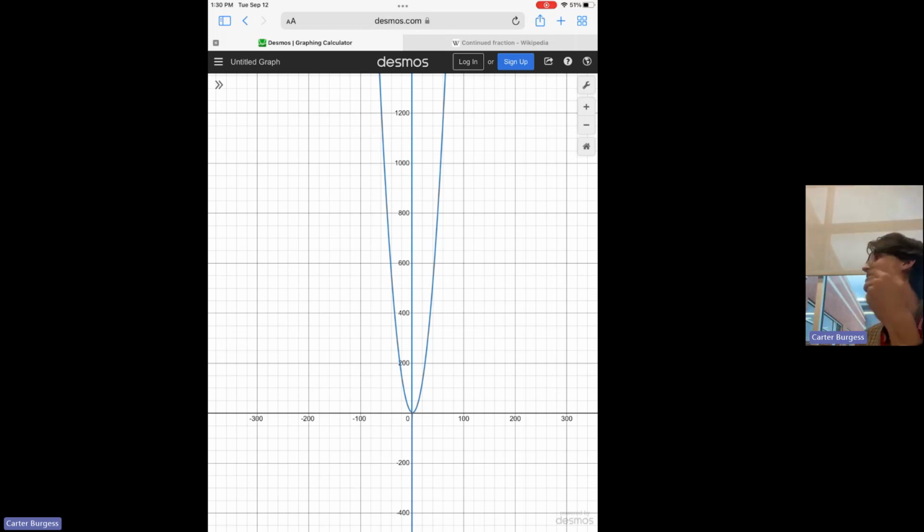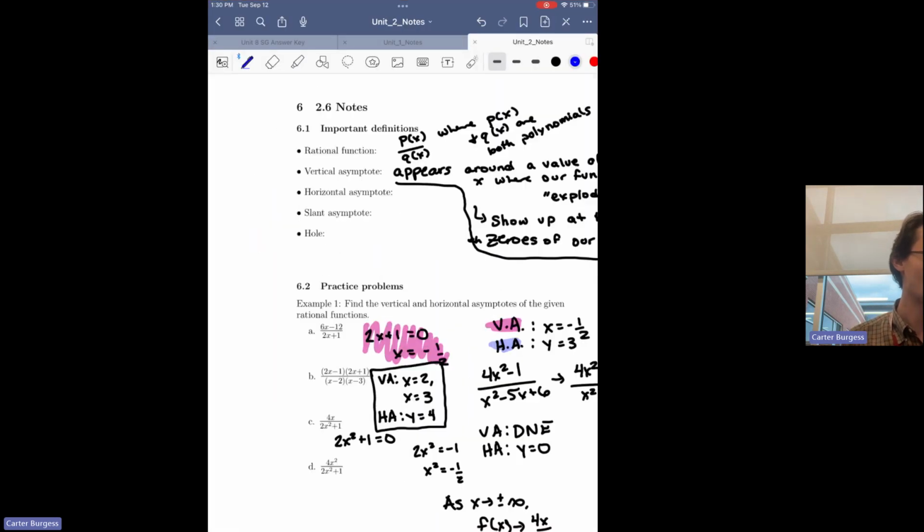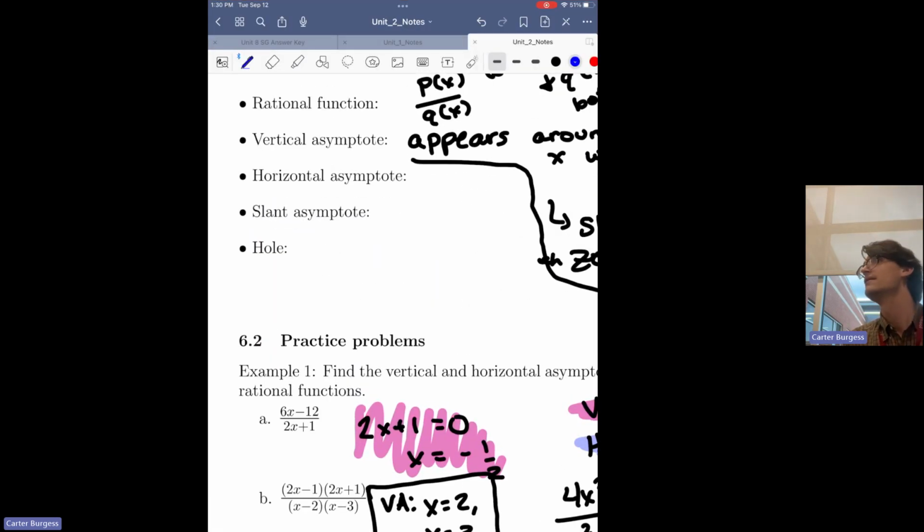Just keep in mind that, again, this is a function that we are approximating. It could be anything. It could be x squared, it could be x cubed, who even knows? What we are looking at specifically as far as our definitions are concerned are slant asymptotes, which are basically just horizontal asymptotes, except they form a slanted line instead of a horizontal line.